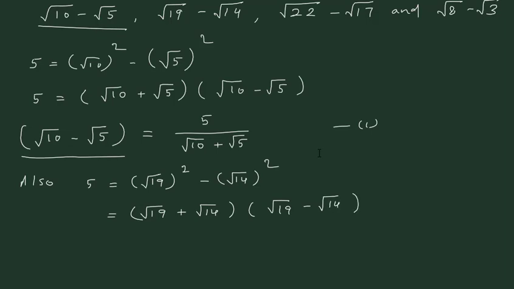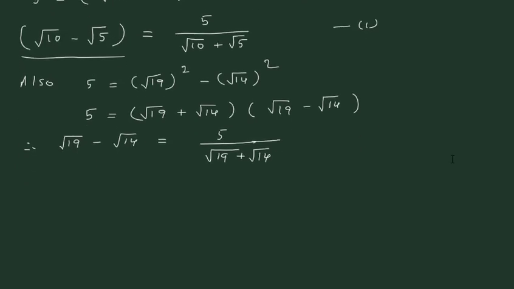So I have 5 is equal to root 19 plus root 14 into root 19 minus root 14. Therefore again I have root 19 minus root 14 as 5 upon root 19 plus root 14. This I will consider as equation 2.